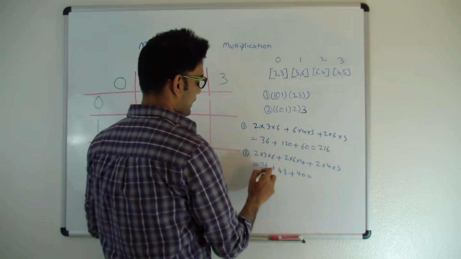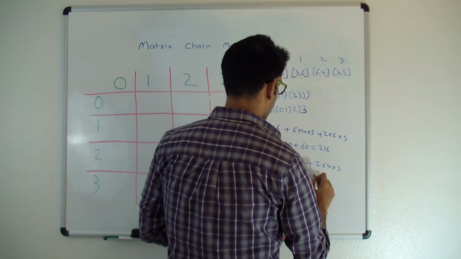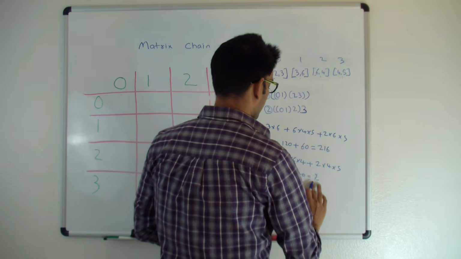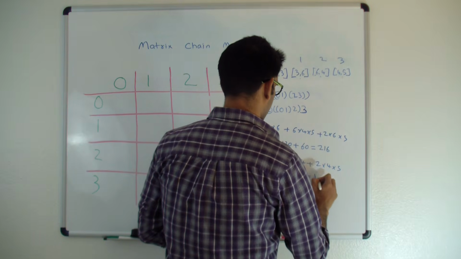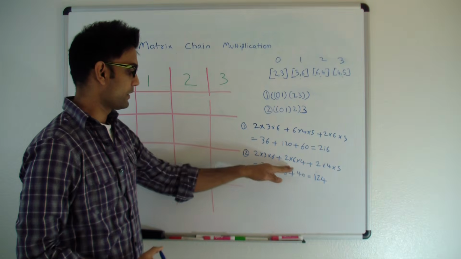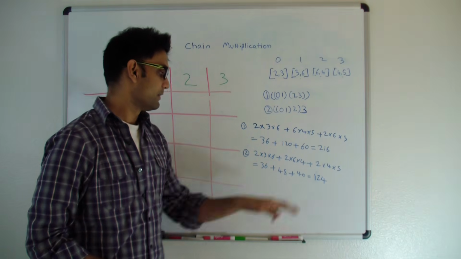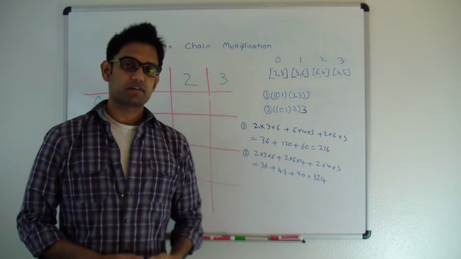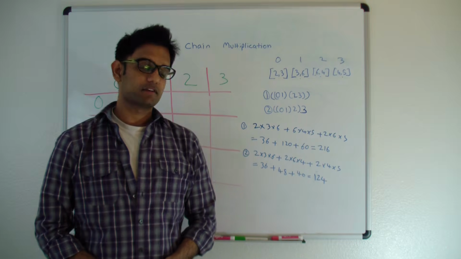So this is 88 plus 36, so that's 124. So clearly the cost of multiplying this way is much better than the cost of multiplying in the other order. So the question is, in what order should they be multiplied such that the cost is minimum.